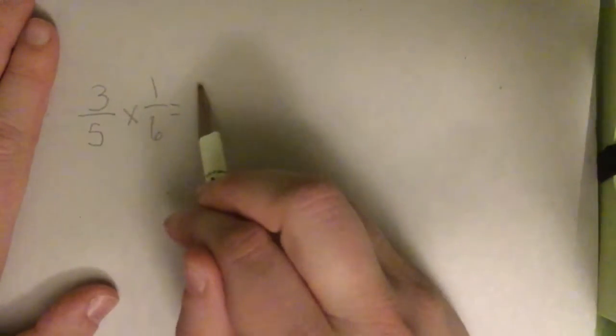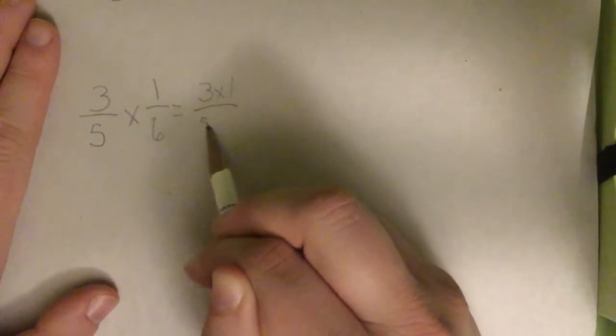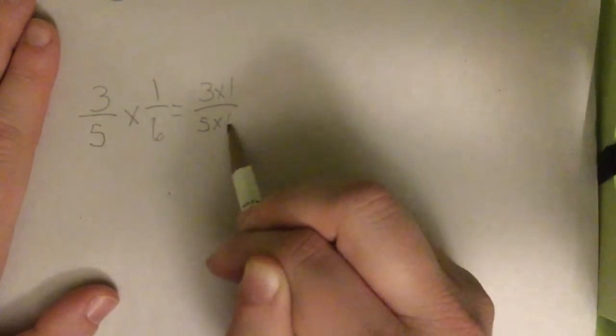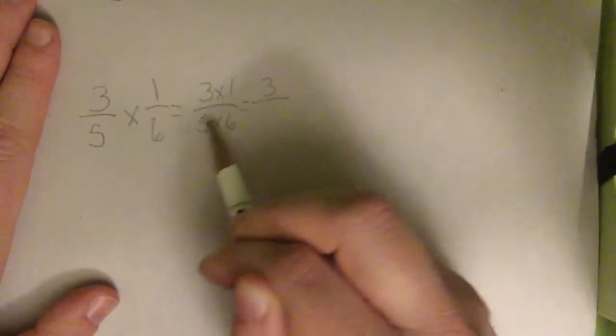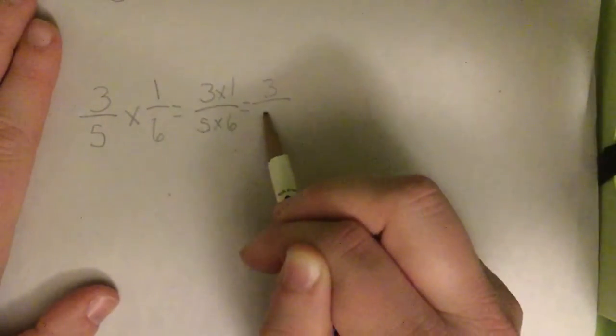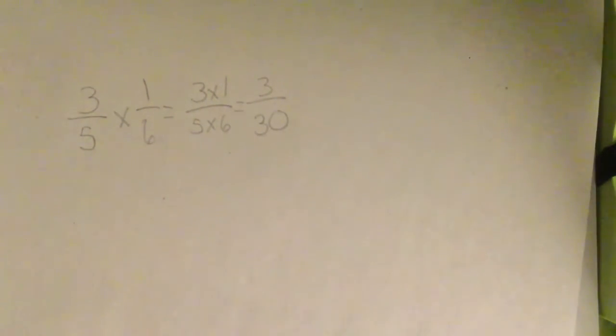Okay, so again, we rewrite it 3 times 1 over 5 times 6 equals 1 times 3 is 3, 5 times 6 is 30.